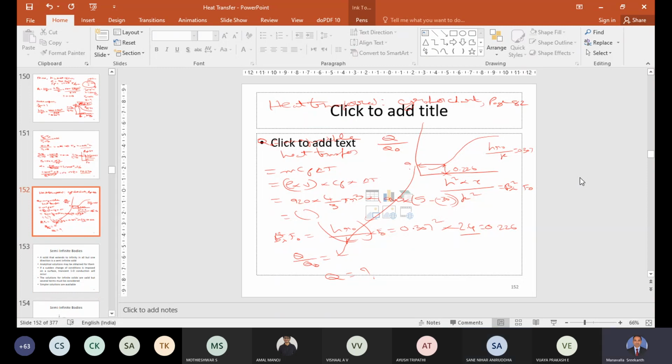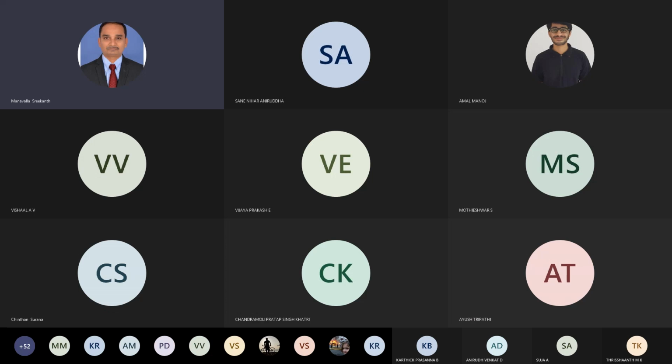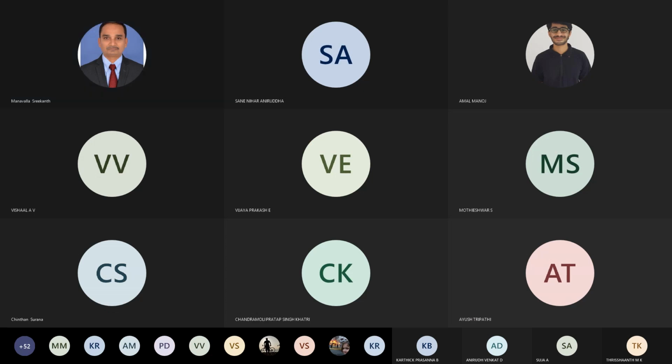We have one for 0.2 and one for 0.5. Yes, sir. Take it somewhere in between. This is bound to be approximate only. Each of you will get a different answer. If you are around that ballpark value, that should be sufficient. Unless you use the one-term approximation, the mathematical equation, you will all have different answers.